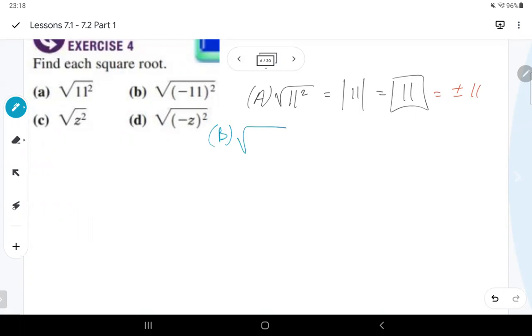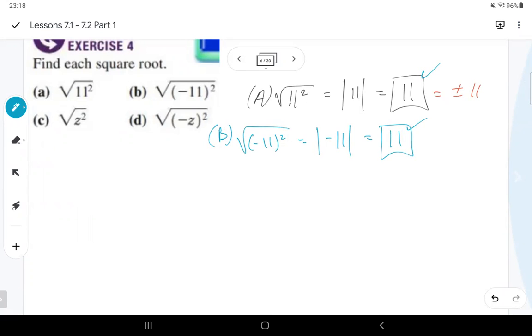Now, this one is a little different. This one you would want to do the -11. So 11. Right?